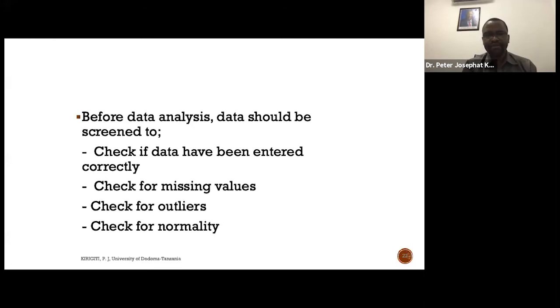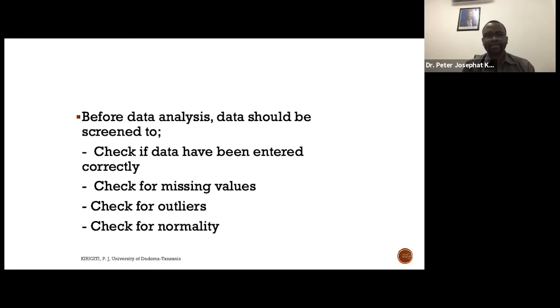We know the problem of the outliers: they do affect the analysis. We can have a very small value or a very large value, so we need to check and control. There are several ways. Either you approximate it to the highest or lowest value, or you can discard it altogether.